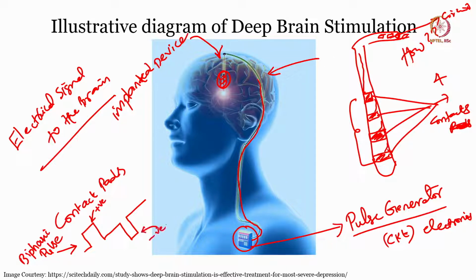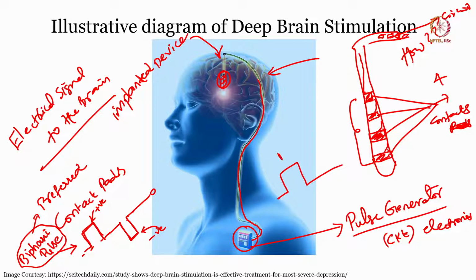You have the negative side also, let us say this level is 0, and you have equal positive and negative amplitudes of current or voltage whatever it is, and they call it a biphasic pulse, and this is the preferred one. So, you have monophasic also. Monophasic looks like this, just like this, this is monophasic.